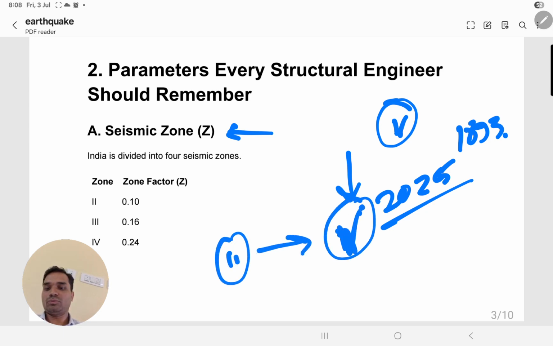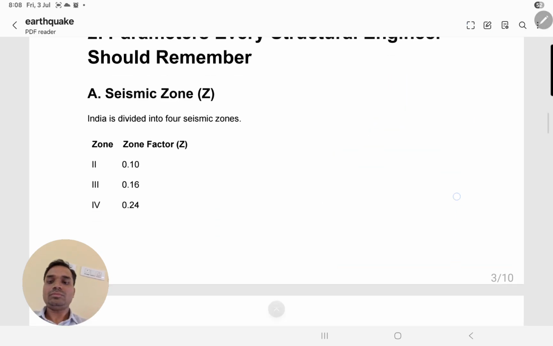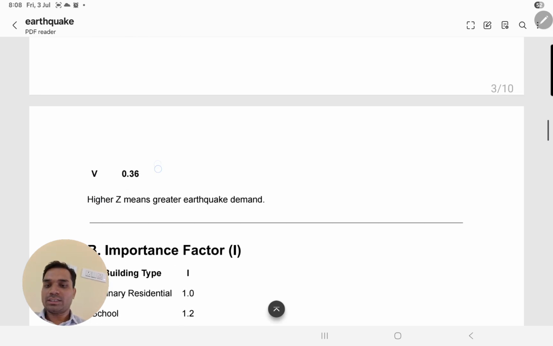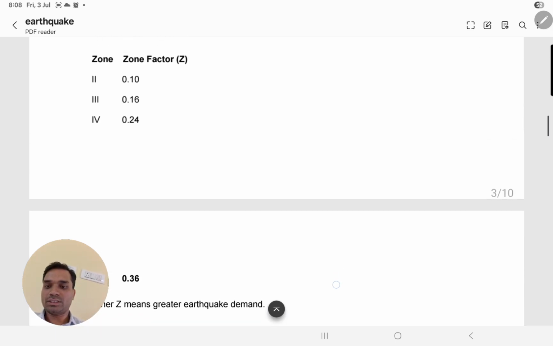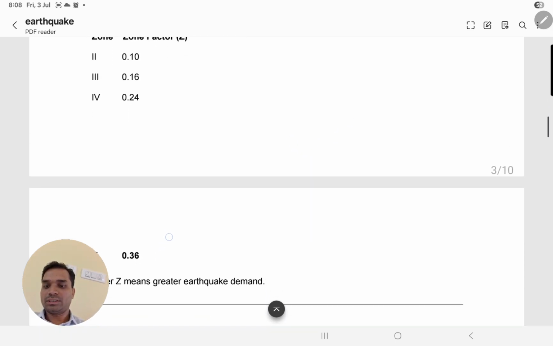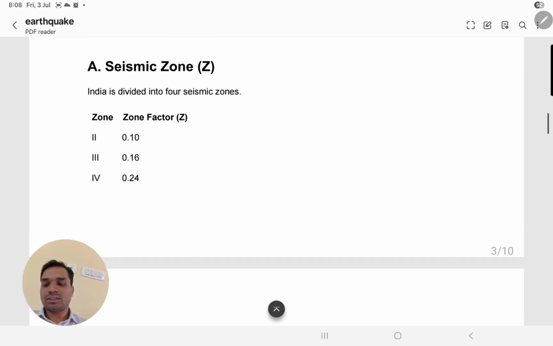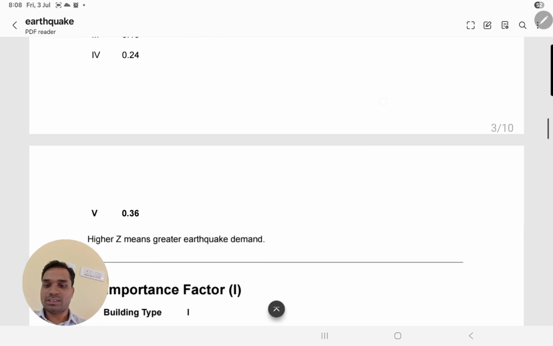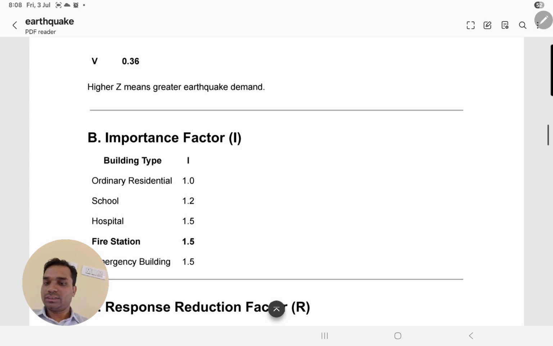For northeastern India it is 0.36, and for other parts, like West Bengal, it is 0.16.